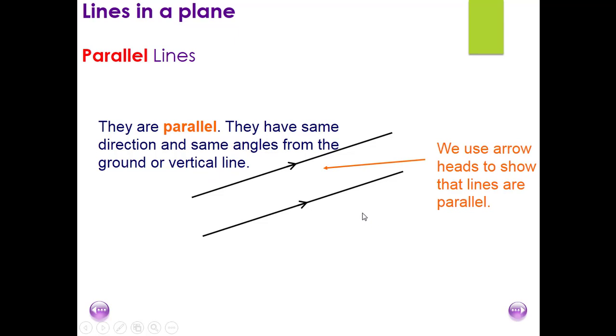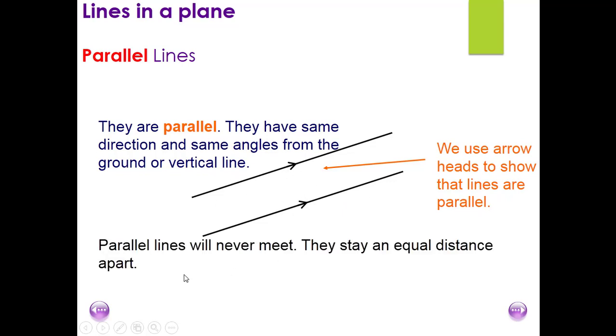If I want to show that two lines are parallel to each other, I have to use arrowheads. These two lines are parallel. Parallel lines will never meet, they stay an equal distance apart. What's the meaning of staying an equal distance apart? Equidistant means that the two lines stay an equal distance from each other.